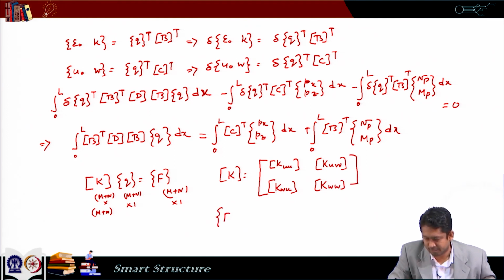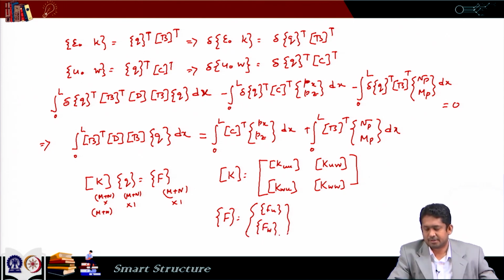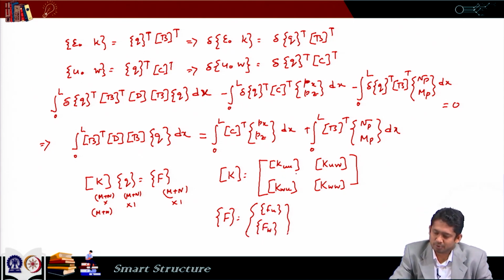And accordingly we have F. So KUU, KUW, KWU, KWW, FU, FW, they are same as what we wrote for the previous solution approach, where we had Galerkin technique, where we shifted the derivatives. And again we can solve it and get our Q's, and that completes the solution.